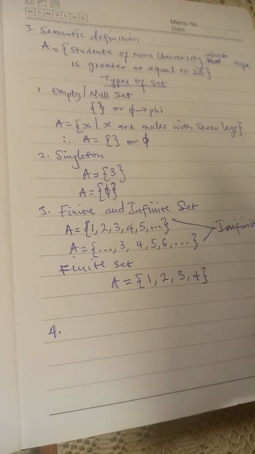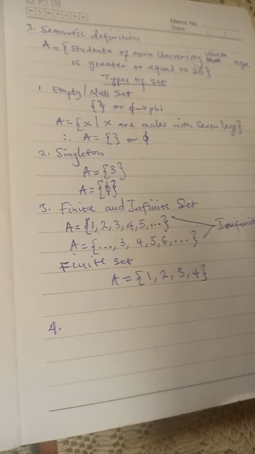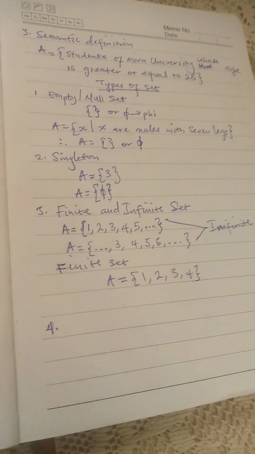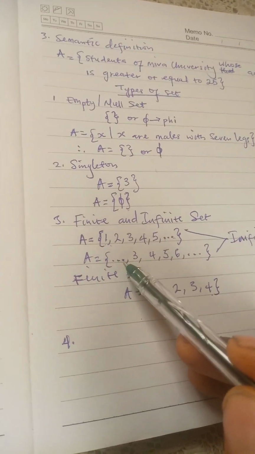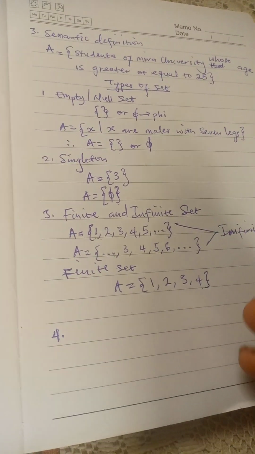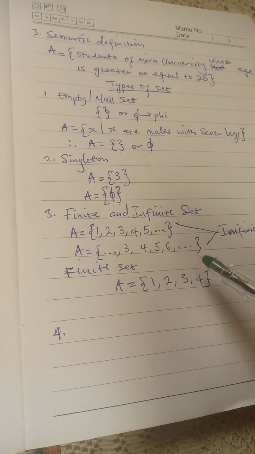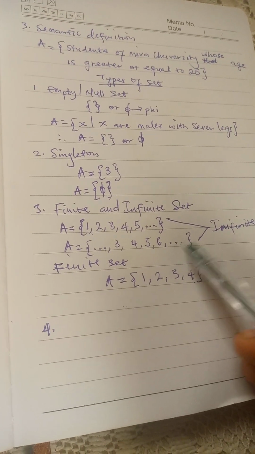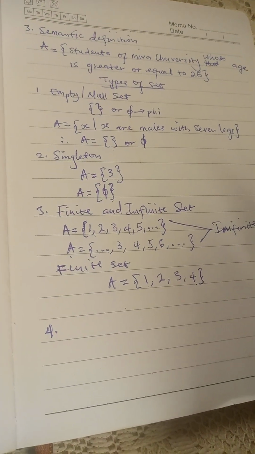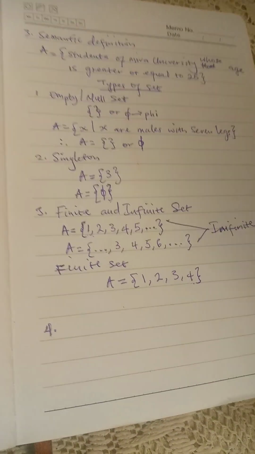Ellipses can be used before the elements in a set and also after the elements, to indicate continuity.